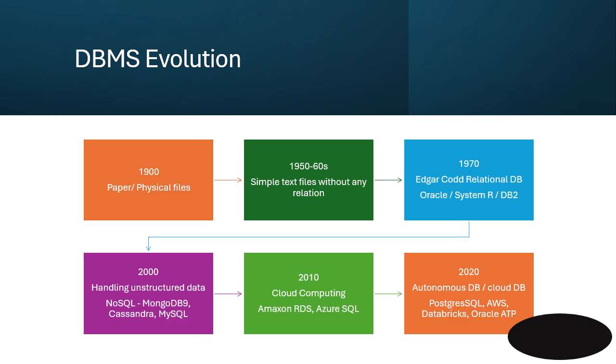Then in 2010, cloud computing really picked up, and people thought, why not put the database in the cloud? Instead of having a physical server in your company's basement, have the database in the cloud as a managed service with a managed services provider. It needs less maintenance and offers easier scalability.